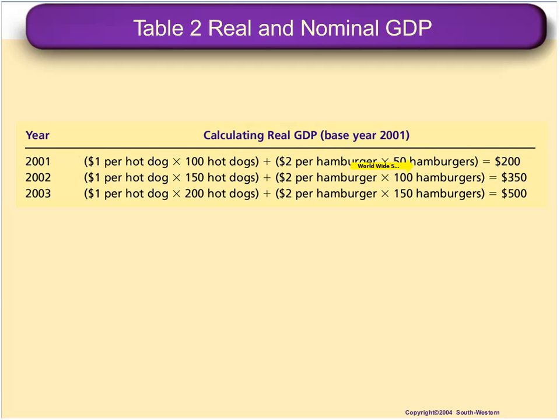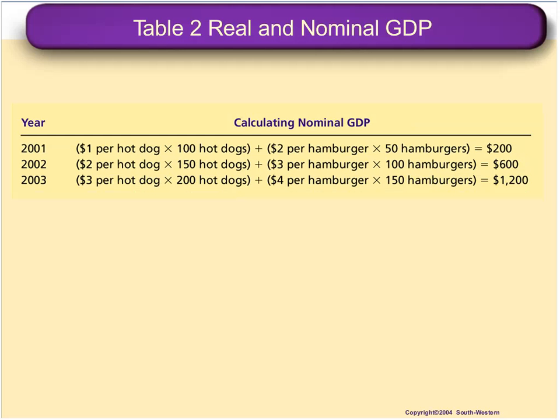Year 1 again, the same $1 price, because we are calculating real GDP. The year 1 price was $1. Again the number sold is 150, and then the $2 burger, the same year 2001 price, 100 sold. The same goes for 2003. The prices are all based on 2001. So at the end you have different results.